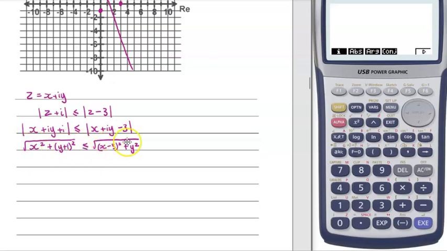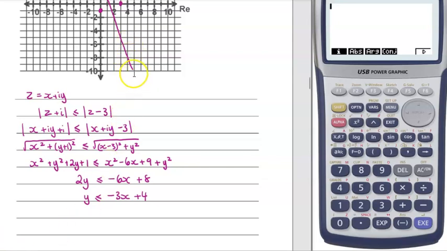So apply that on both sides. Now we can remove the square root sign from both sides and multiply out what we've got. So this line becomes this line here, and this one becomes this one here. Now do some algebra solving and rearranging, and we'll get 2y is less than or equal to minus 6x plus 8, which gives us y is less than or equal to minus 3x plus 4.